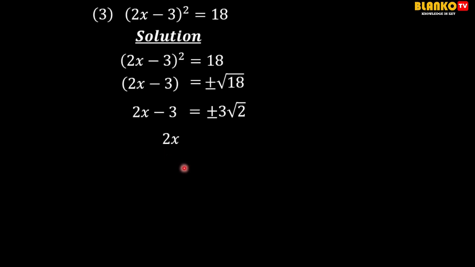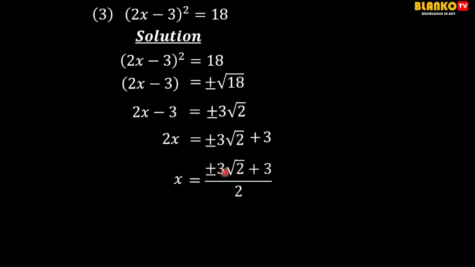So we have 2x equals plus or minus 3 multiplying the square root of 2 plus 3. Then we divide both sides by 2. So x is equal to plus or minus 3 multiplying the square root of 2 plus 3 over 2.